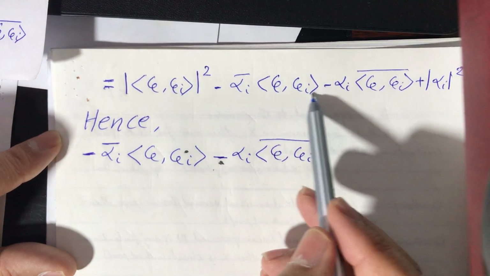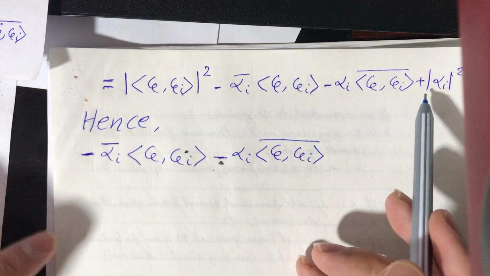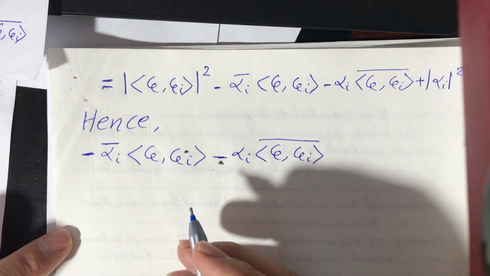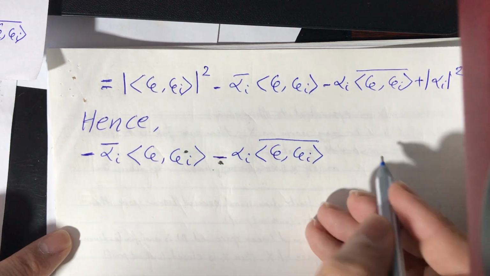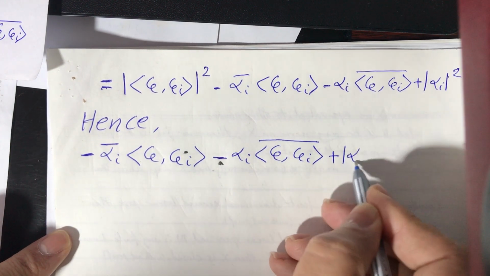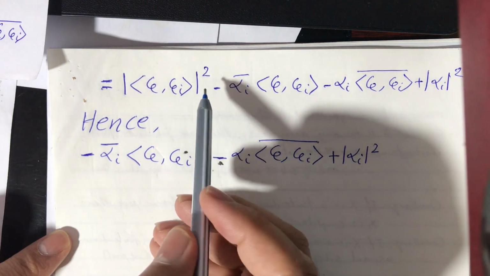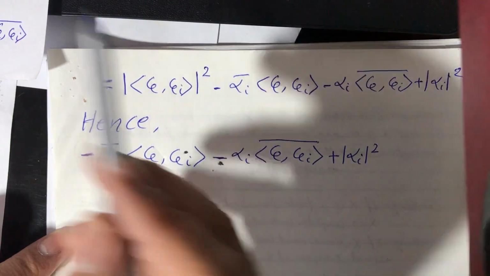This is this and this, plus alpha i squared, and move this one to the other side.